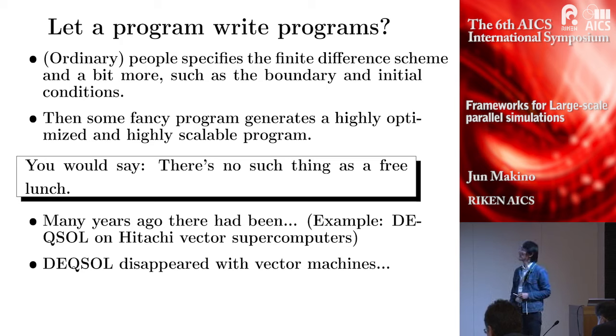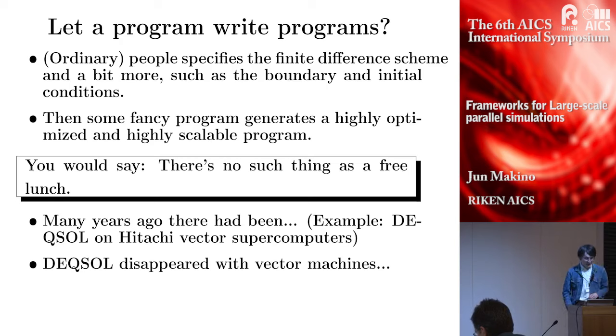The idea has been there for many years. An example is the Dexo system, which was provided by Hitachi on their vector supercomputers. Unfortunately, Dexo is actually a pretty fine system, but it disappeared with vector machines.